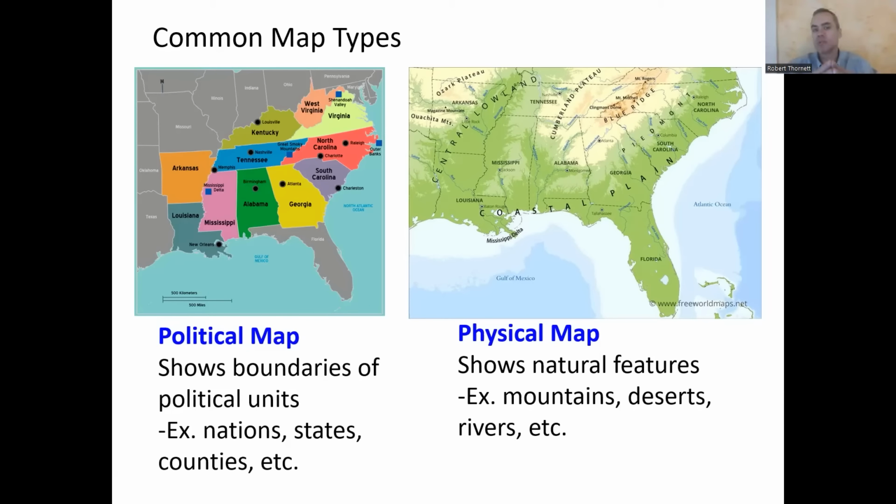And the reason they don't always make them combined is because it can get very cluttered. If you start putting everything on the map, all the mountains and all the cities and all the rivers, then it gets to be kind of like spaghetti, like we said, and it's very difficult to read. So by separating out physical versus political maps, it allows you to focus in and with more clarity on those particular features that it shows.